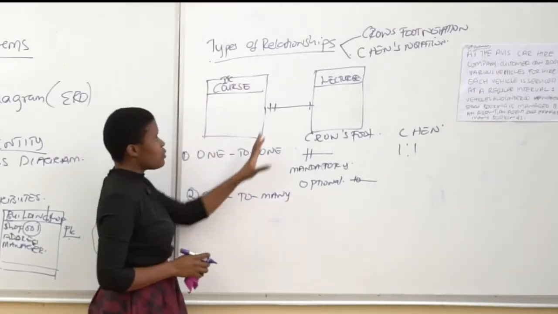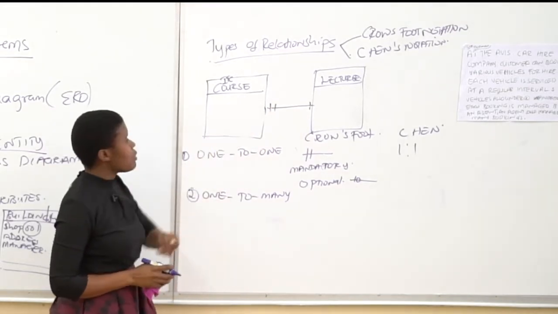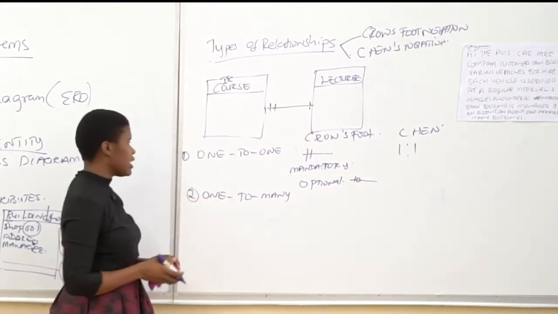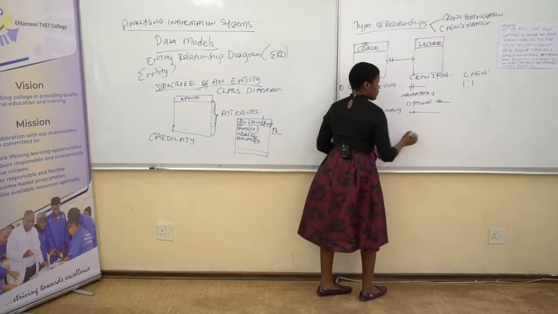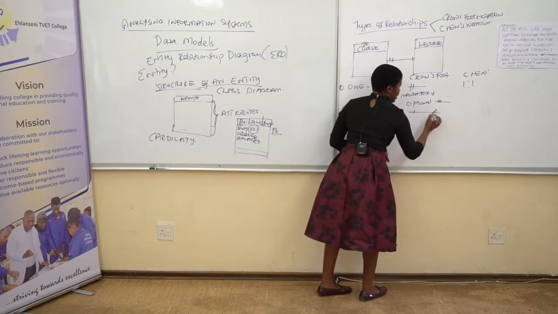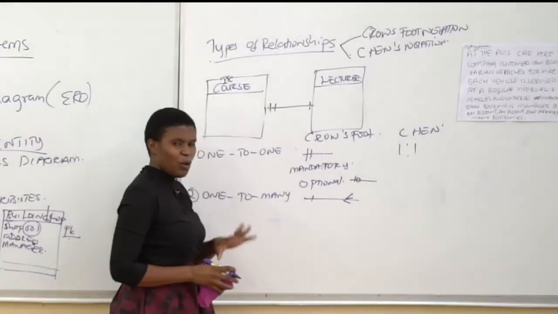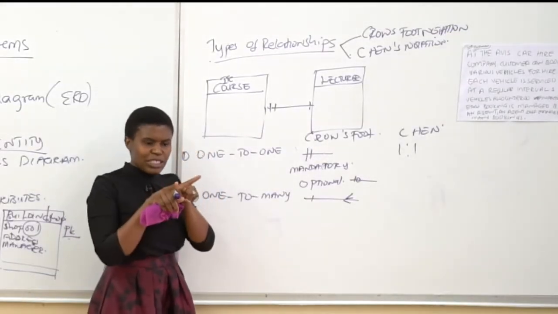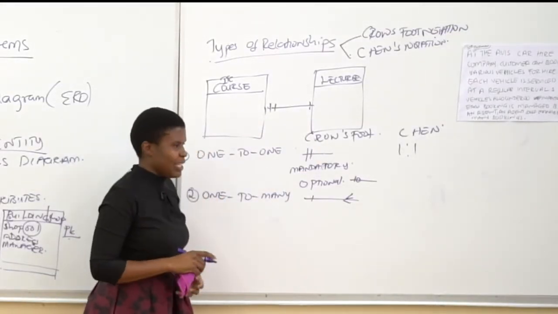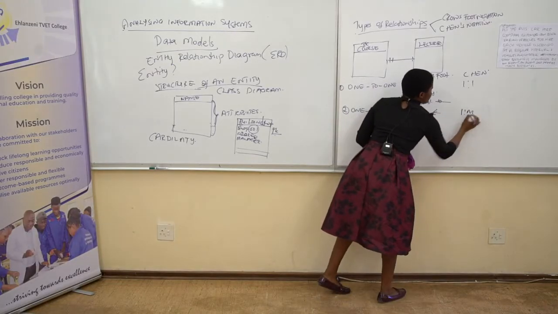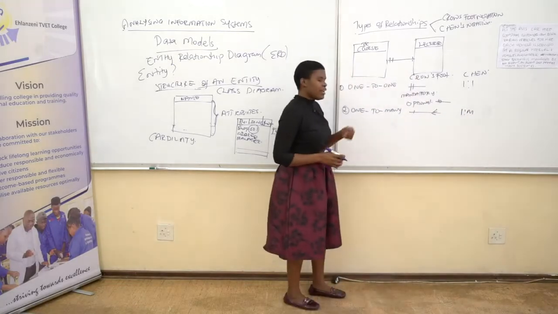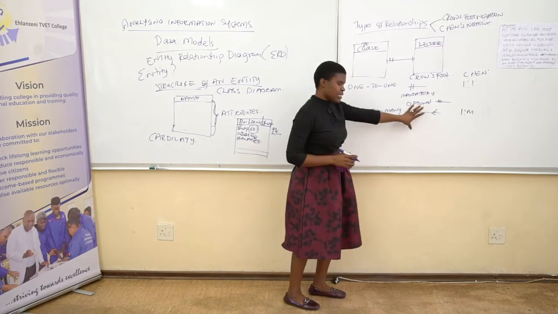At this point, you'll be able to see how the crow's foot notation is represented, because we are going to have one on this side and many on this side. We use the crow's foot notation because it looks like the foot of a bird. With Chen, it's going to be one to many. If it's optional, this is mandatory.